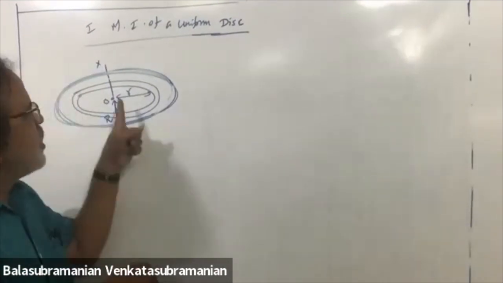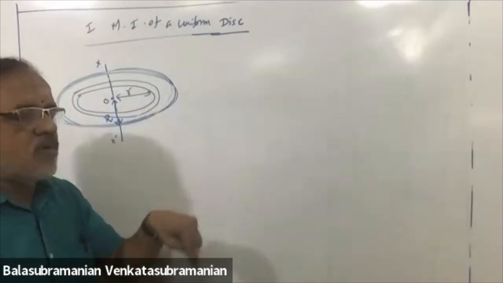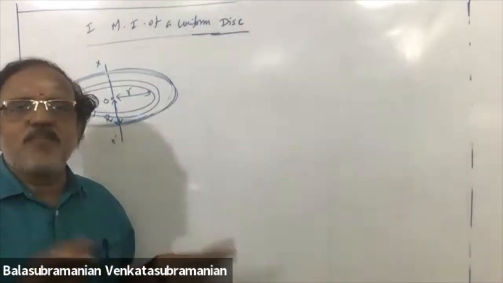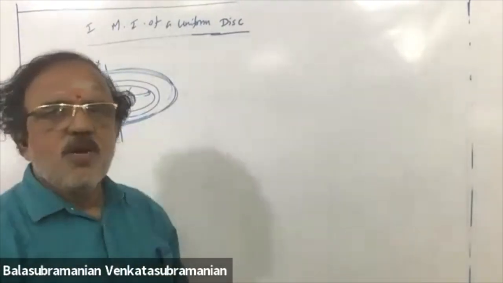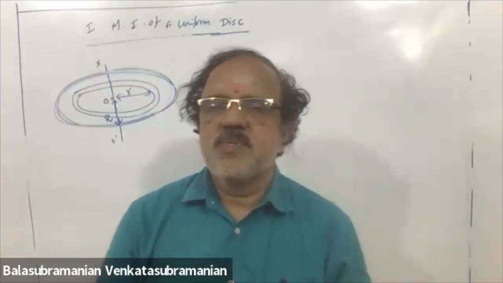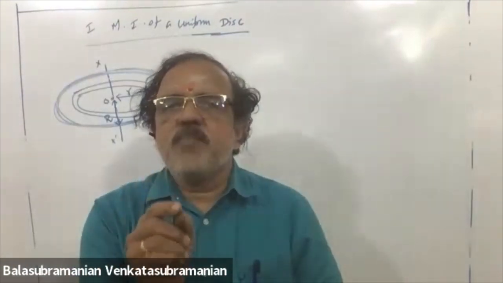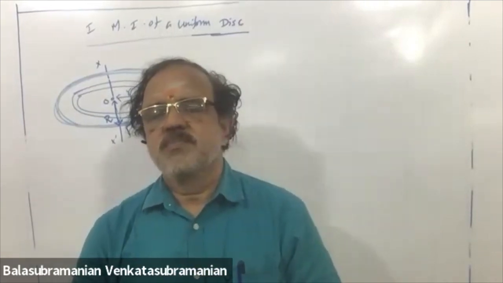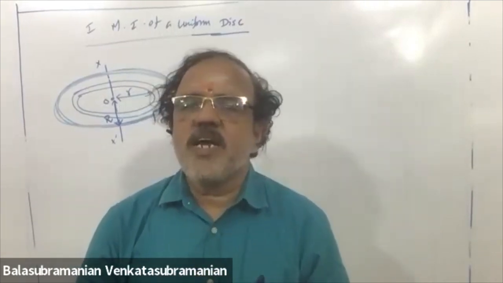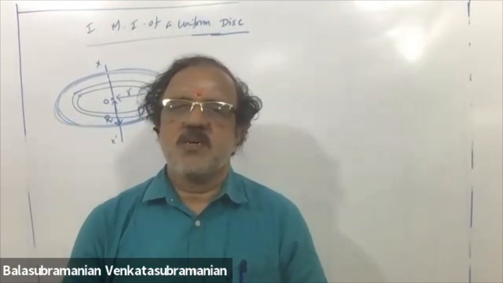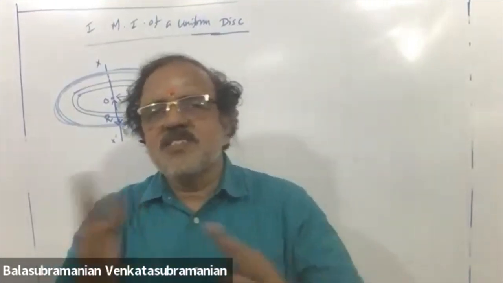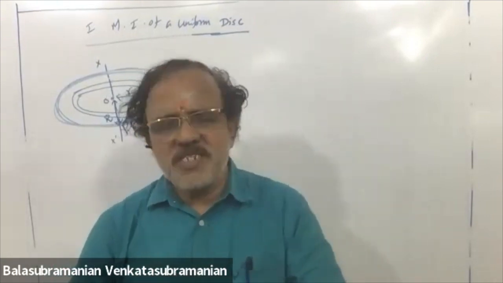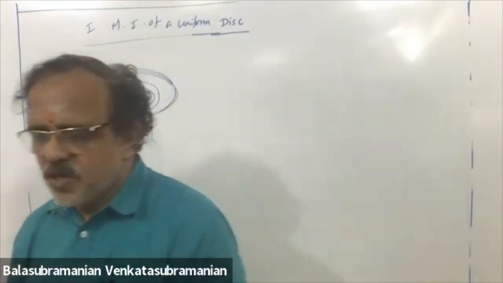That distance is the radius of the ring, small r. Radius of the disc is capital R. What is our primary aim? Calculate the mass of the small portion, then calculate mass into distance square. We call it moment of inertia. Basic formula.